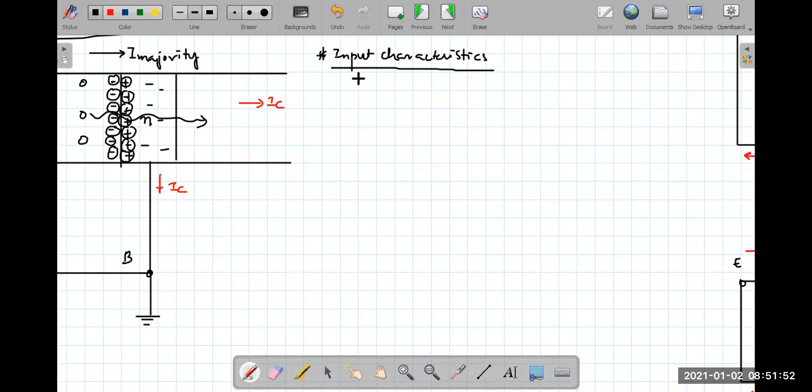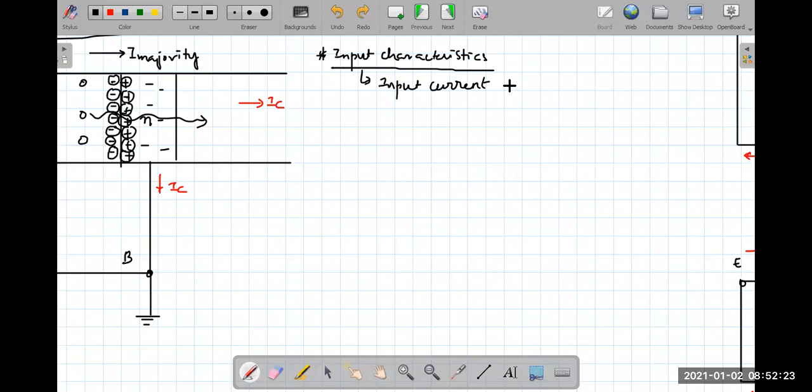Coming to the term input characteristics, we must plot input current as a function of input voltage. Previously, if it was a single two-terminal device, a regular diode, or any other capacitor, resistor, inductor, we would have applied some voltage and calculated the current.